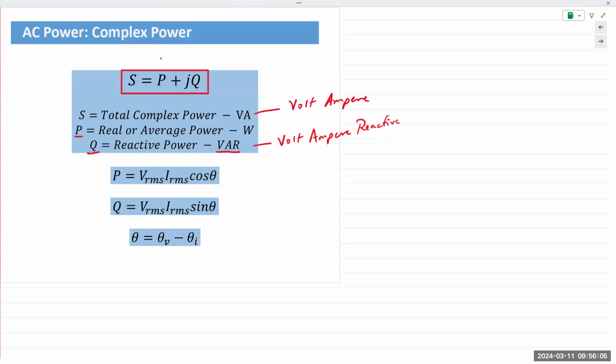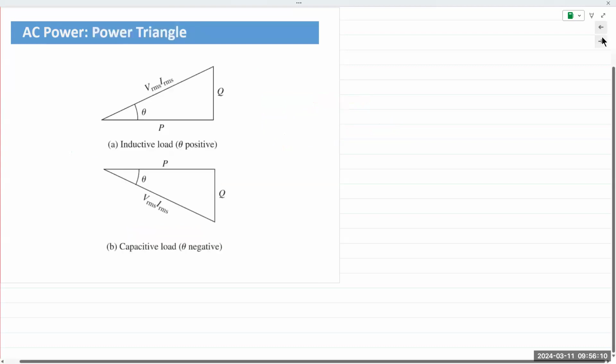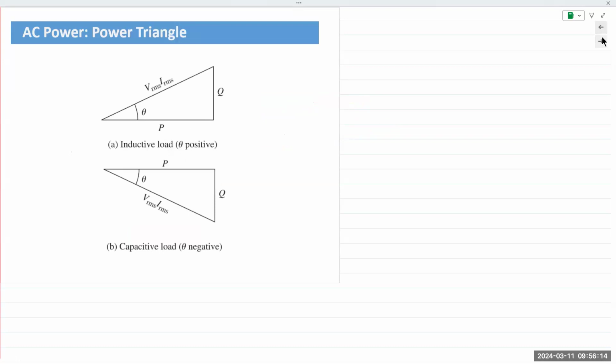Okay. All right. And since this is a complex quantity, we can draw a triangle with the two quantities and describe it in what is known as a power triangle. Real power P is on the x-axis. Imaginary power Q, or reactive power Q, is on the imaginary axis.